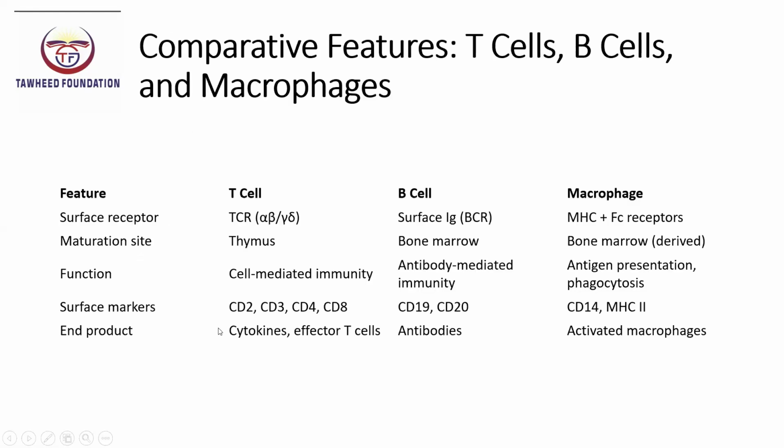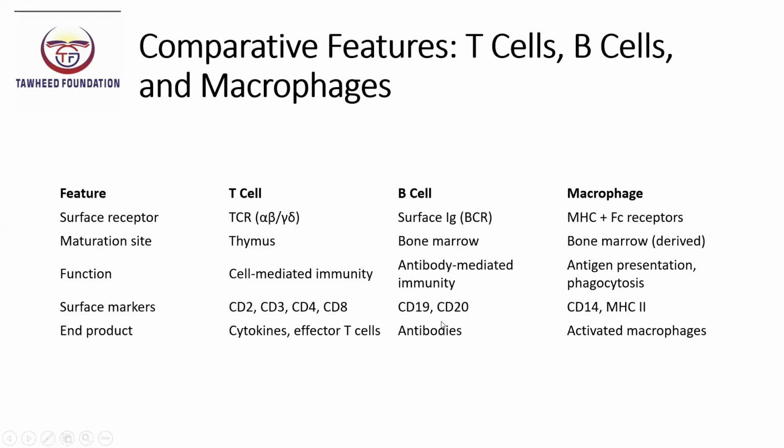Comparative features: T cell, B cell, and macrophages. So this slide summarizes functional distinctions. T cells express TCR, mature in thymus, mediate cell-mediated immunity, produce cytokines, and have CD2, CD3, CD4, or CD8 markers.